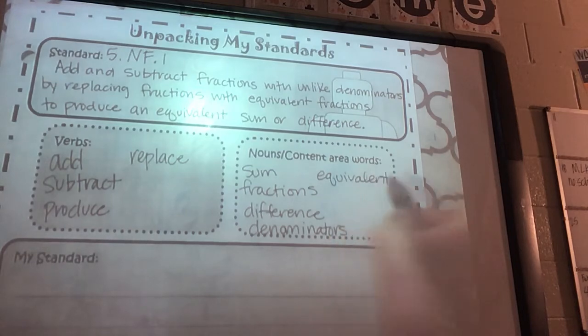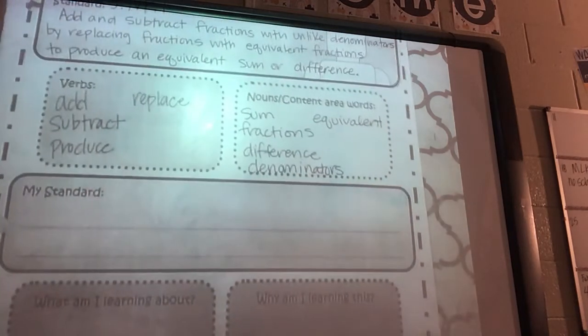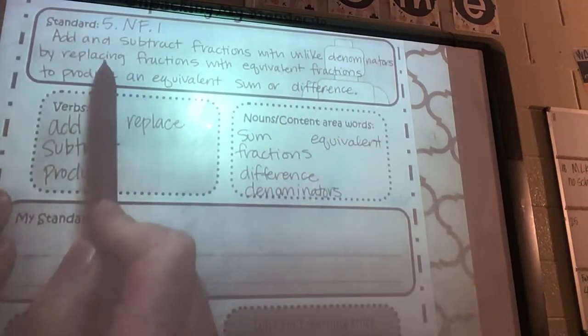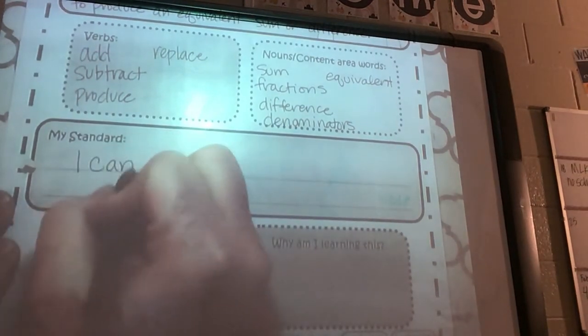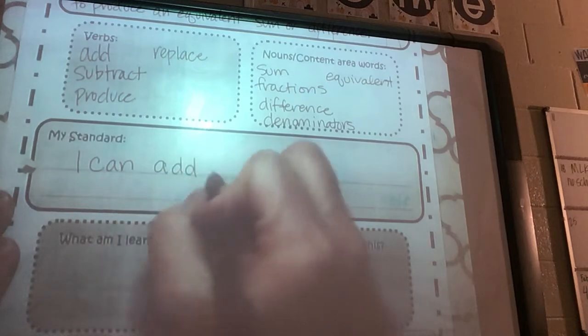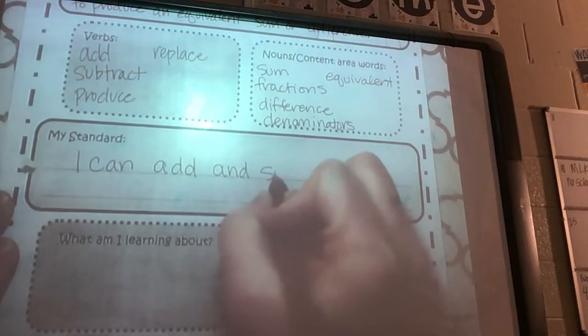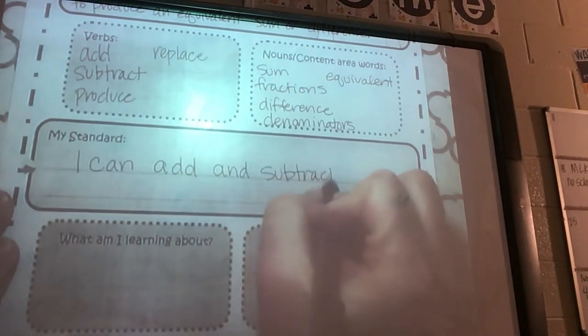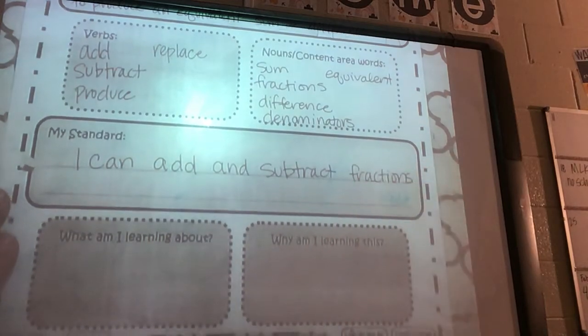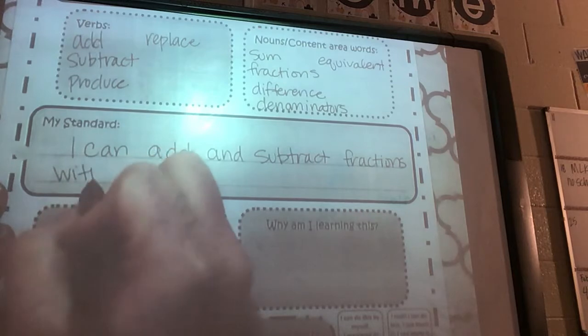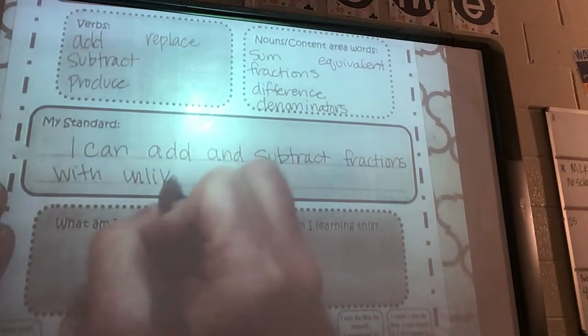All right, let's take it down to my standard. So this is the standard that Ms. Murphy talks about when I'm in my math group. But this would be the 5th grade language. So your own standard: I can add and subtract fractions with unlike denominators.